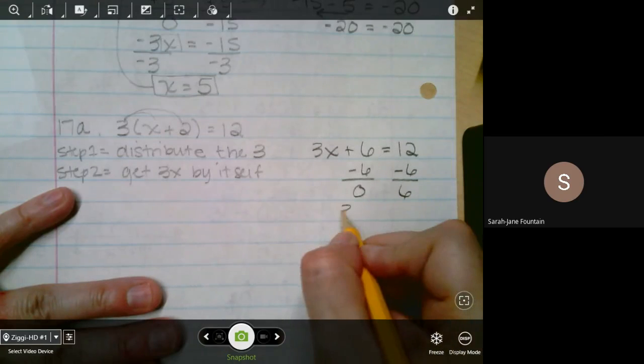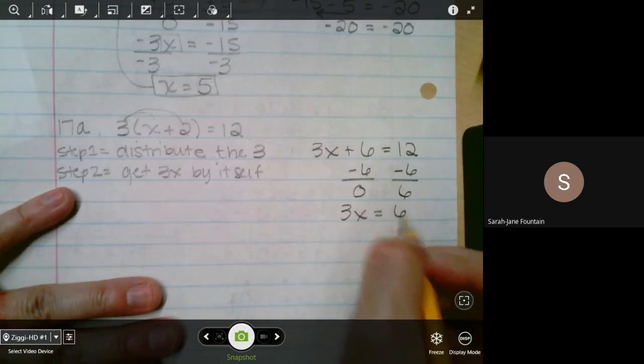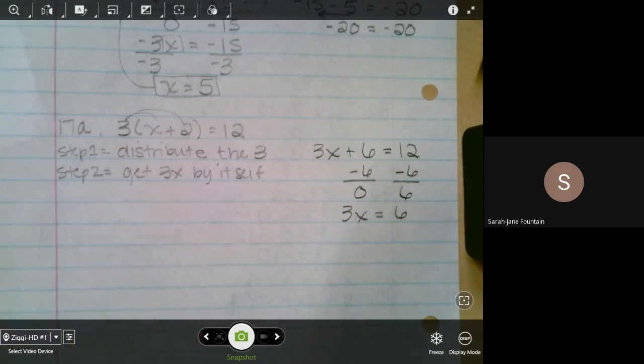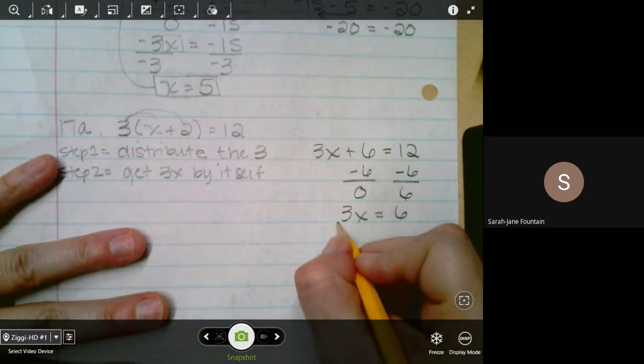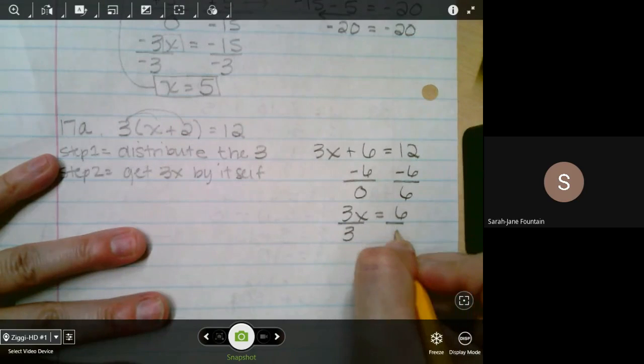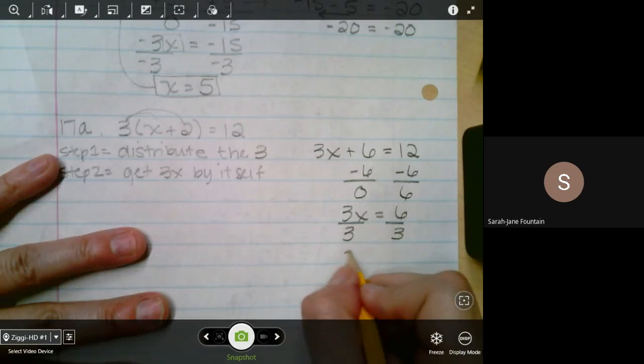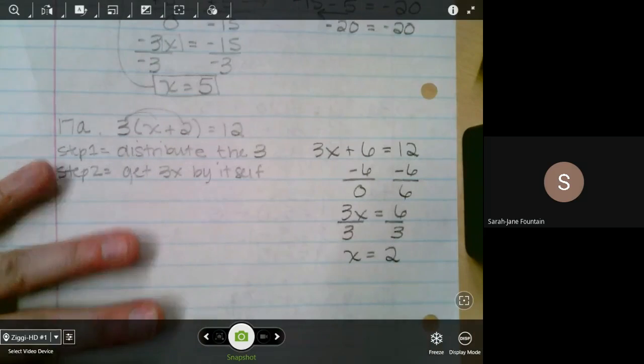So now I have 3x equal to 6. Right now, 3 is being multiplied by x, so I have to divide, which is the inverse operation of that, to get rid of 3 on the left. So I'm going to divide by 3 on both sides, because what you do to one side, you have to do to the other. So x equals 2.